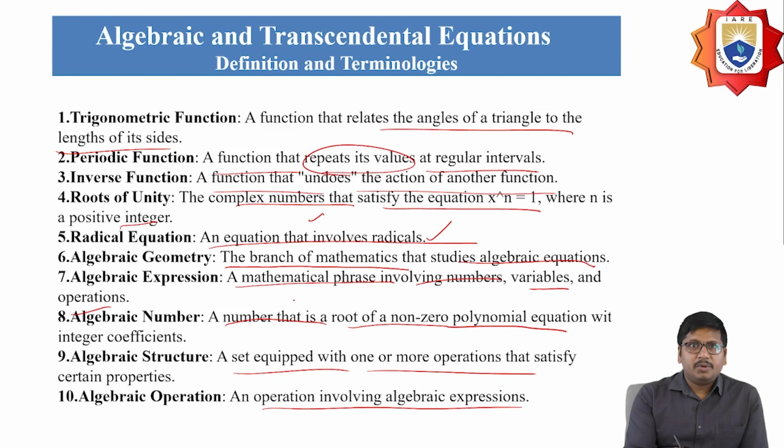An algebraic number is a number that is the root of a non-zero polynomial equation. The branch of mathematics that studies algebraic equations is called algebraic geometry. A mathematical phrase involving numbers, variables, and operations is called an algebraic expression. And the operation that involves algebraic expressions is called an algebraic operation.